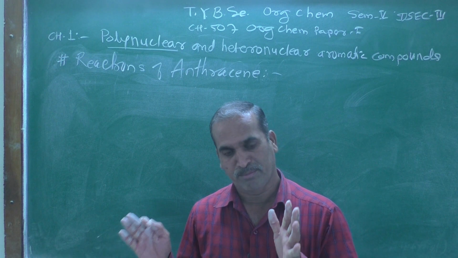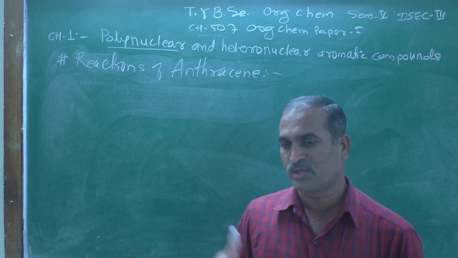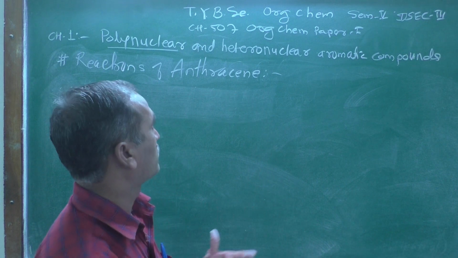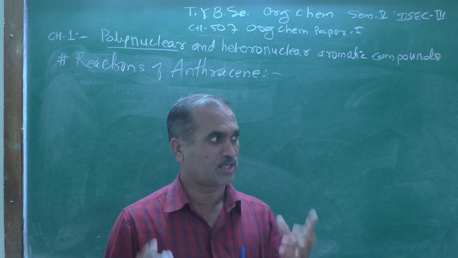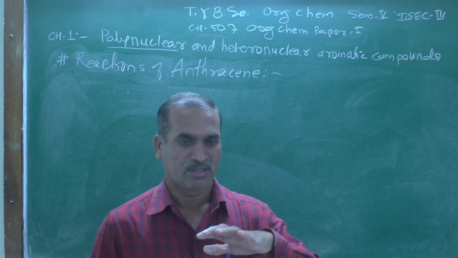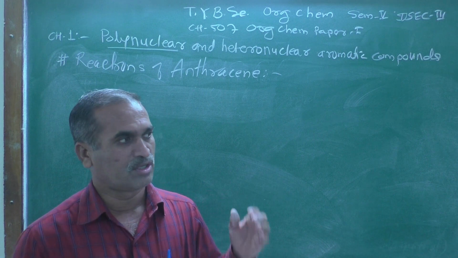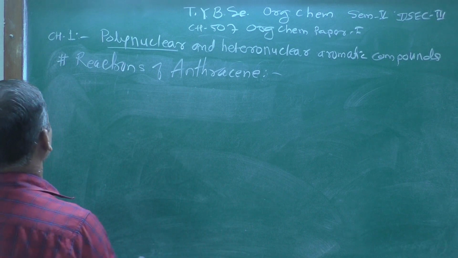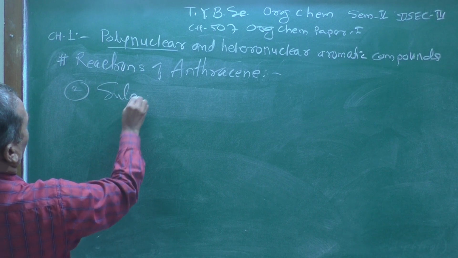Poly means many, nuclear means cyclic, so more than two rings are present. Anthracene is tricyclic, and aromatic compounds have a tendency to undergo electrophilic substitution reactions readily, such as nitration, sulfonation, halogenation, Friedel-Crafts alkylation and acylation. The second one we are going to discuss here is sulfonation.